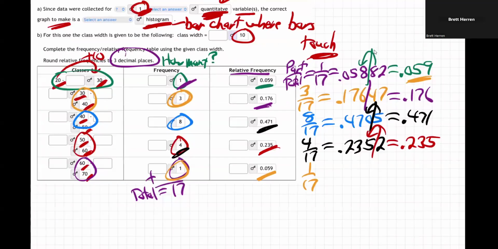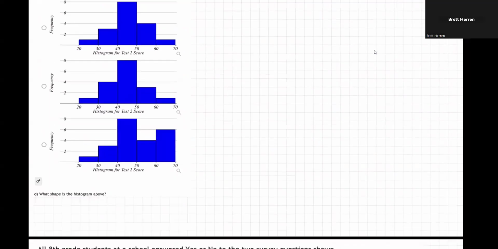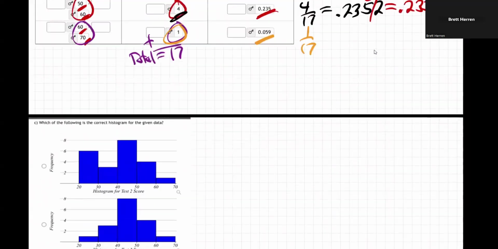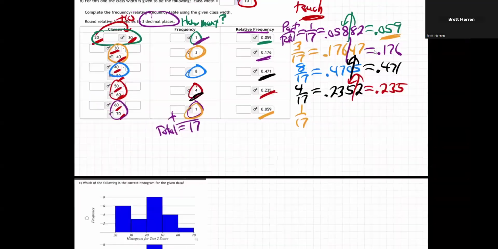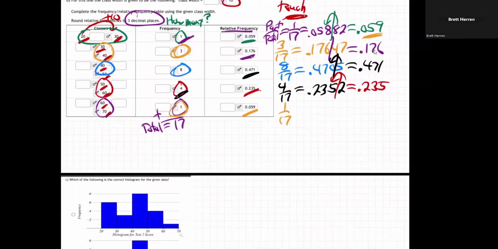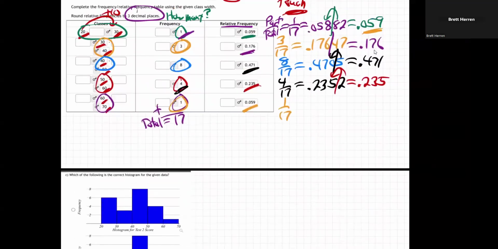We're done. Now, having done that, they want us to say which one of these is the right bar graph or histogram where the bars touch? Well, we can see if we were to make a little bar chart real quick. I'll do it maybe right here.